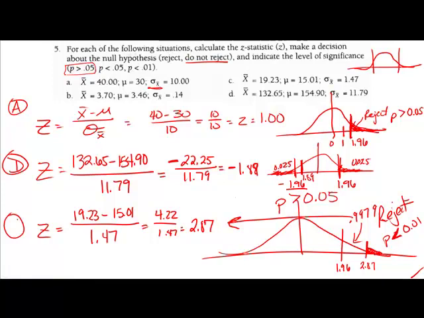Okay. All right. So if you go ahead and do 5B, the z-score is 1.71, and we're not going to reject again because it's less than 1.96. The probability of getting that is more than 0.05.